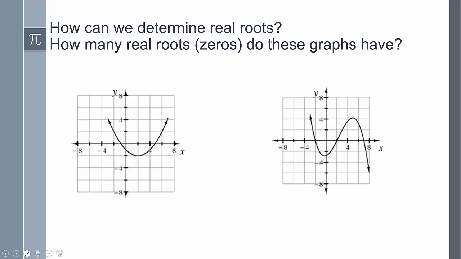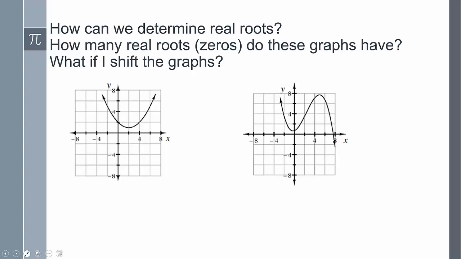On this graph here, I have 3: 1, 2, and 3. Now we know that a polynomial can also have imaginary roots. So if I shifted both of these graphs up and asked that same question, how many real roots are there? By shifting that graph up, there are no more real roots, but now it has 2 imaginary roots.